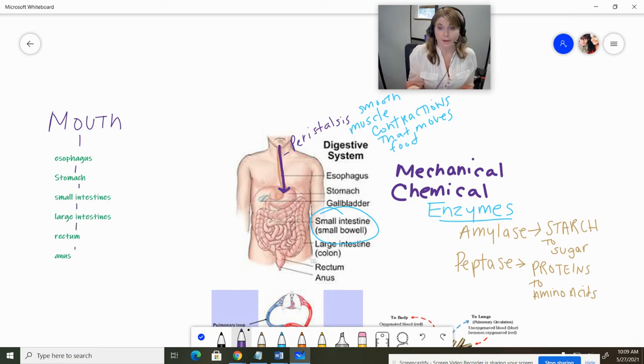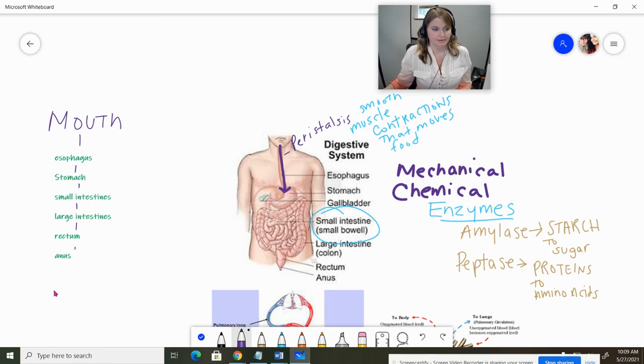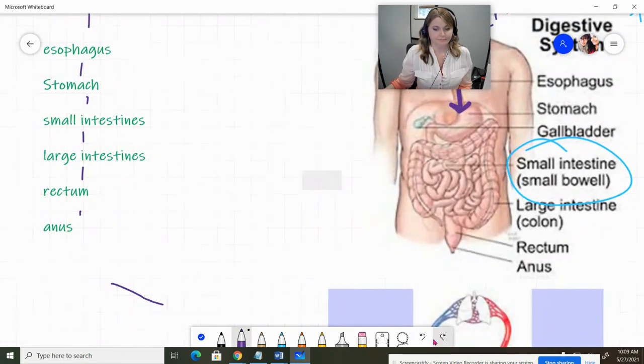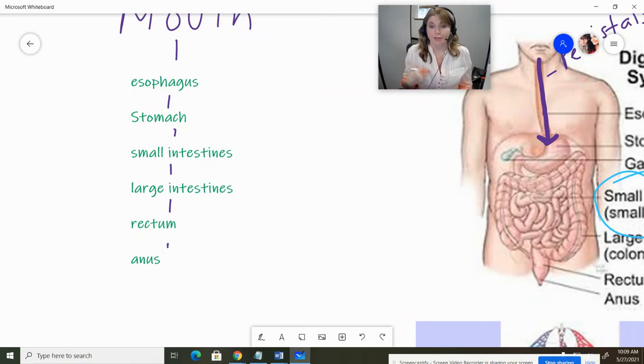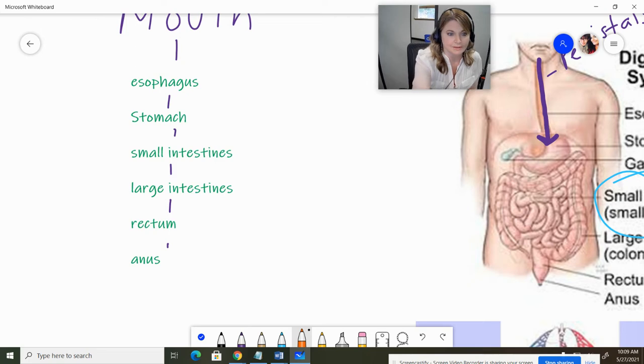So in the stomach, again, you have more chemical and mechanical digestion. In the small intestines, let's look at that one for a second. You have some help here: accessory organs that play a role in the small intestines. You have the pancreas.